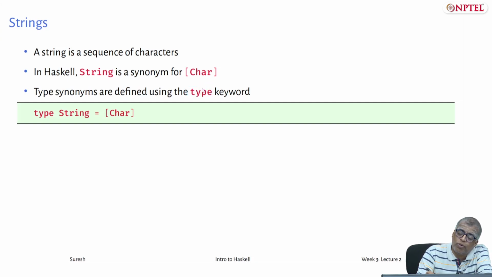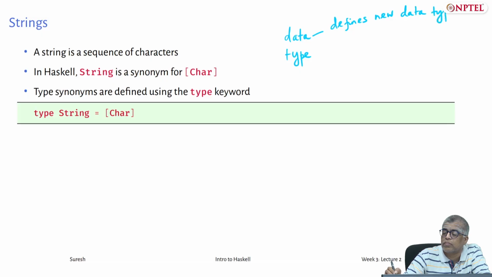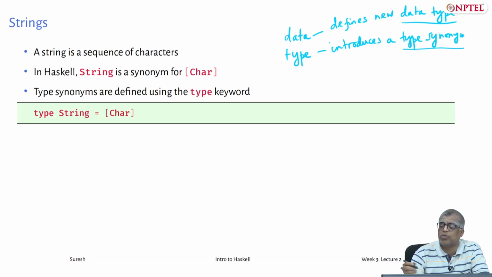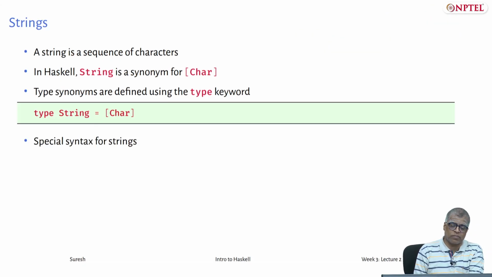We will later see that you can define your own data types, but for that you use the data keyword. Synonym just means another word which means the same thing, right? So it's a type synonym. String is just another way to refer to list of characters.